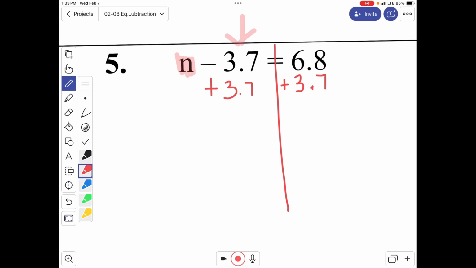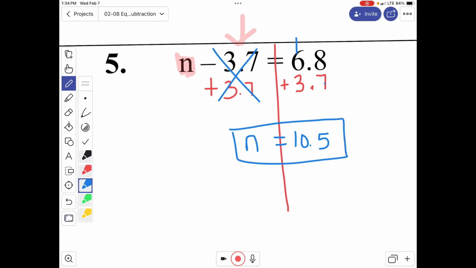Remember, when you're adding and subtracting decimals, you need to be sure to line up the decimals. Okay, the 3.7s are opposites, so they cancel. N comes straight down. Equal sign straight down on the wall. And 8 plus 7 is 15, carry the 1, 10.5. So n is 10.5.